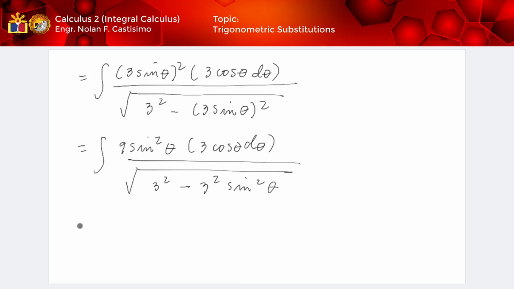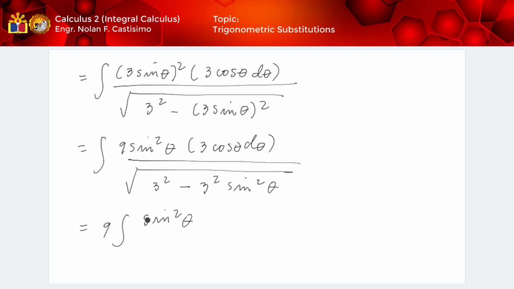So, this will be equivalent to integration of sine squared. So, itong 9 ay ilalabas natin. So, 9, labas natin. Tapos matitira sine squared theta.